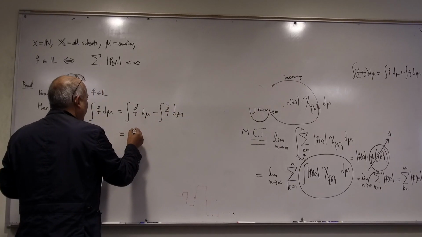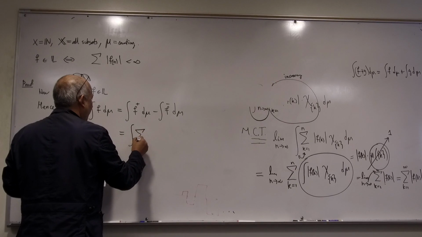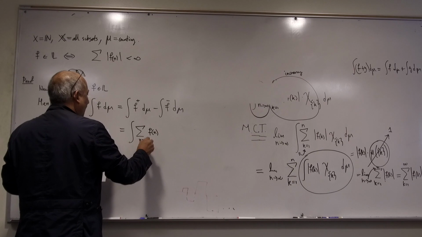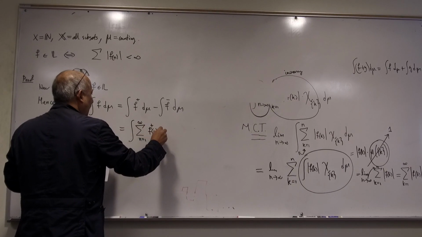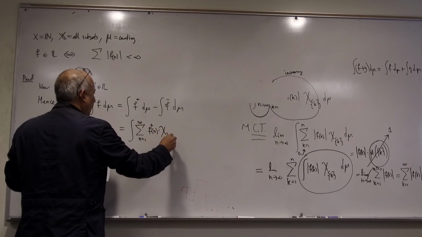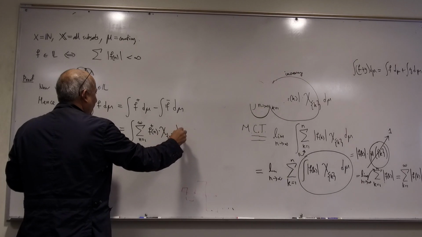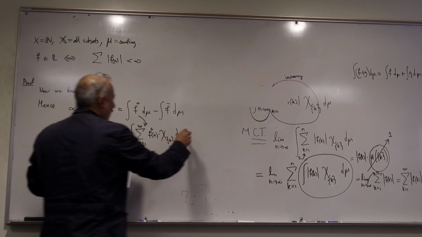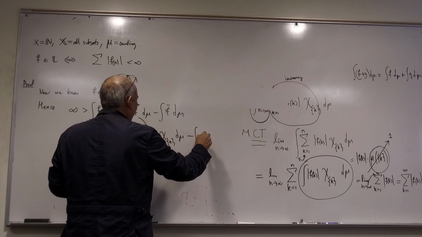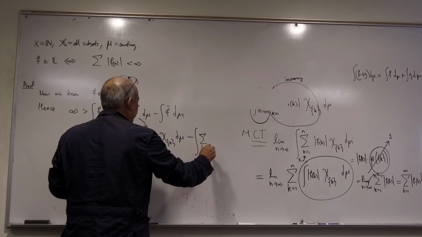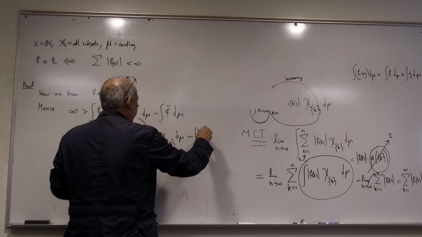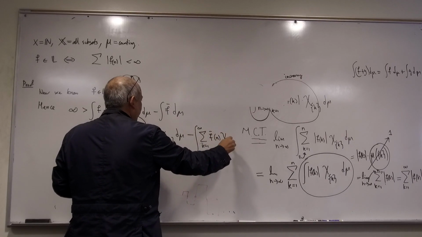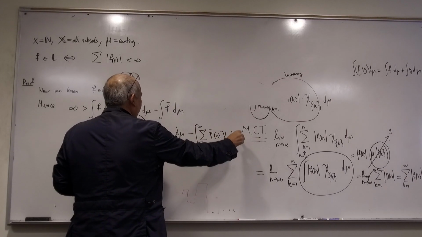But what is f plus? It is the sum of f n from n equals 1 up to infinity, f plus times the characteristic function of n d mu. Again, we do the same trick. Minus the sum from n equals 1 up to infinity, f minus n, the characteristic function d mu.